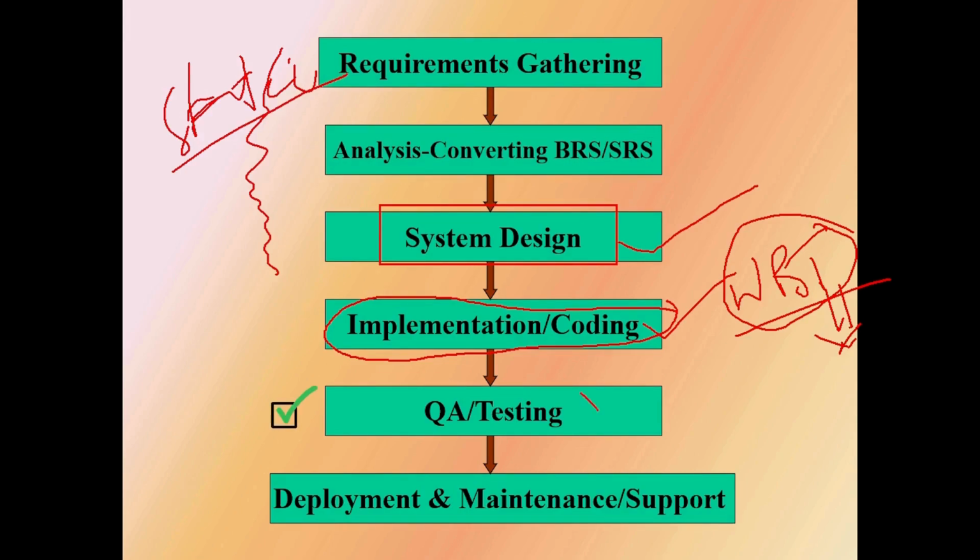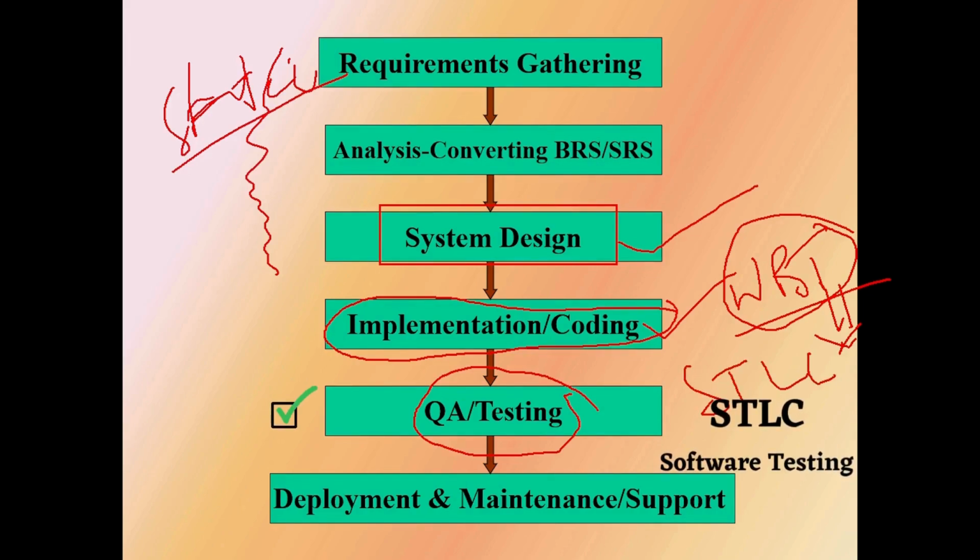That is called QA, which is nothing but testing. In this phase, a test engineer is involved to perform the process of STLC, software testing life cycle. It has nearly 6 to 8 phases: test initiation, test planning, test designing, test execution, result analysis, bug tracking, bug reporting, and test closure.